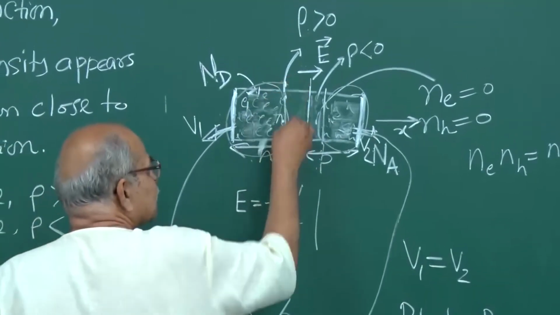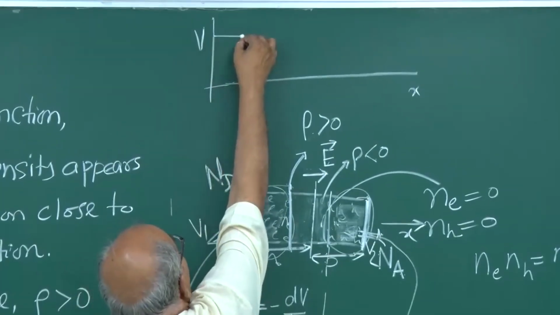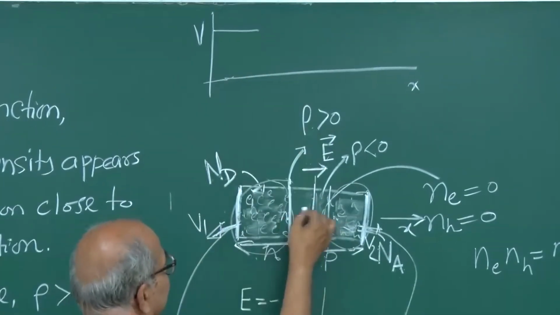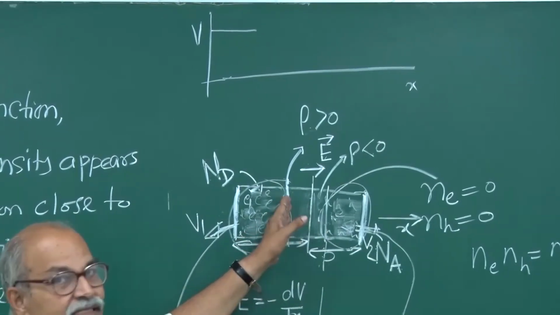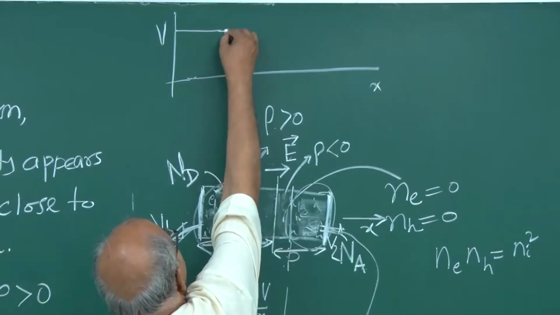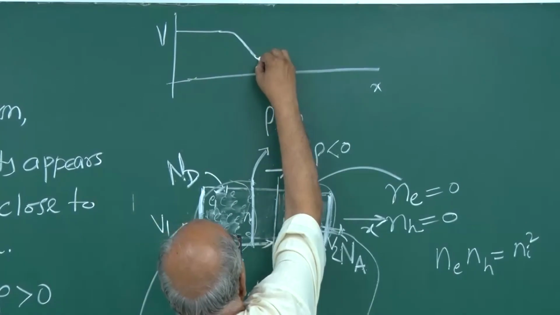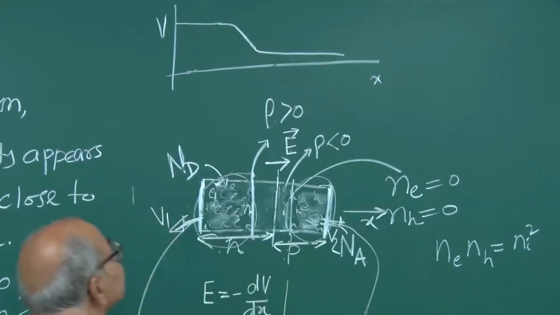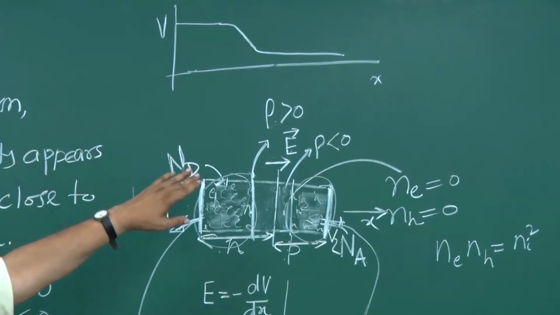Up to here, the potential is constant, and after that the potential will gradually decrease once you enter this depletion region because of this electric field. So it goes like this, and then again it becomes constant. So this is how the potential as a function of x will look.